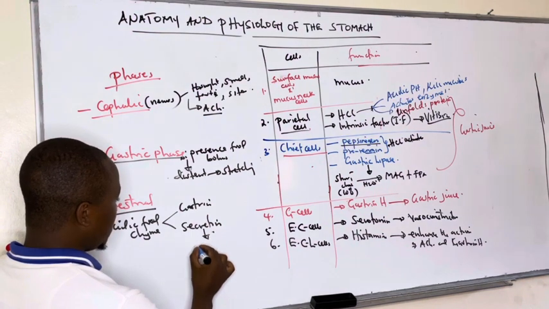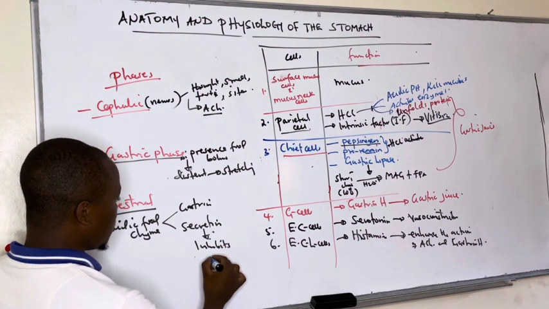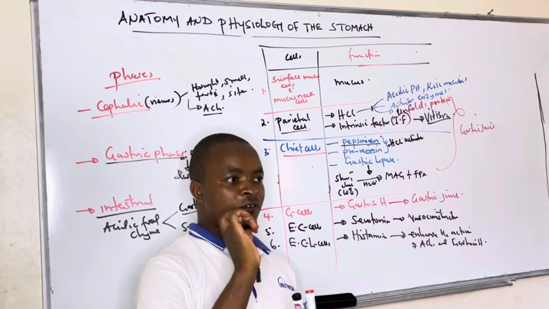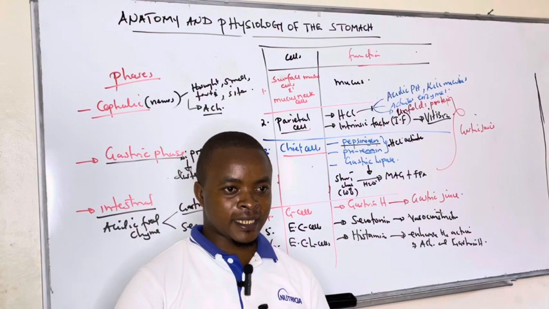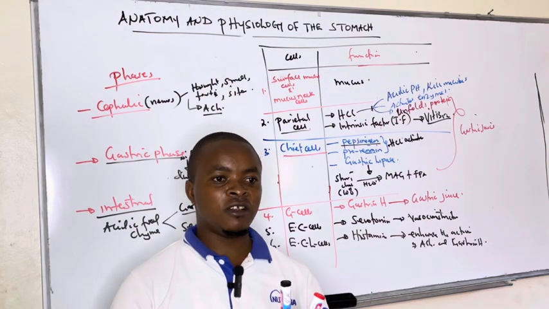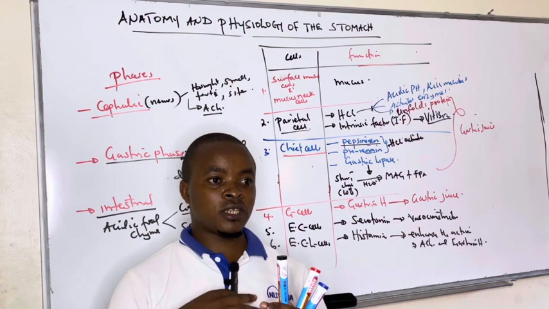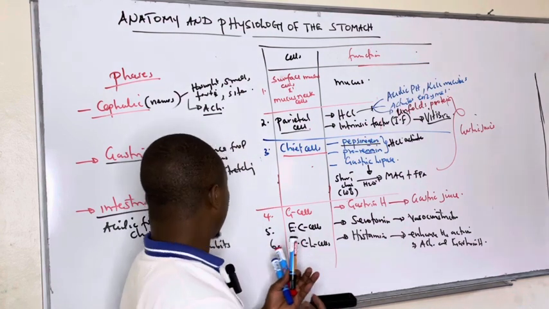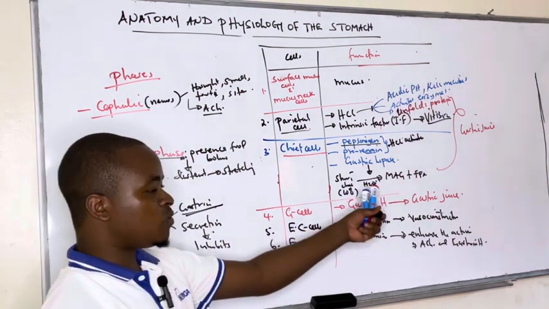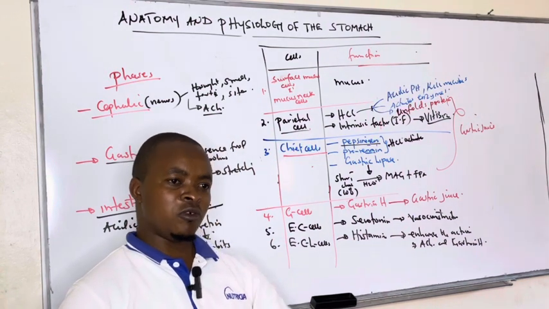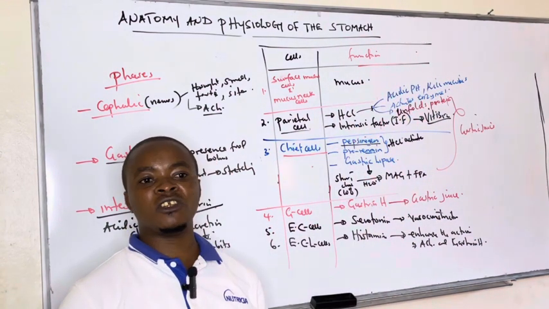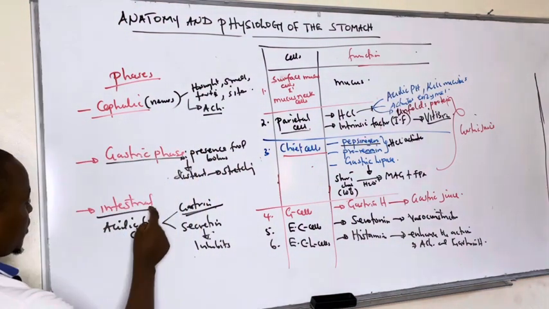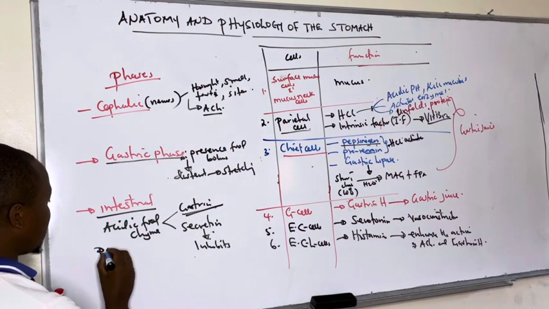Secretin hormone inhibits production of gastric juice, whereas gastrin, when food chyme has reached the duodenum and it senses there are undigested fats of short chain, senses the polypeptide bonds were not broken, triggers G cells to produce more gastrin hormone, which tells the stomach, please, you are not finishing your role. Can you complete it?